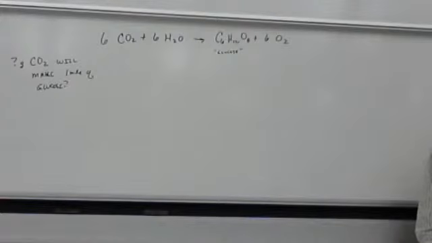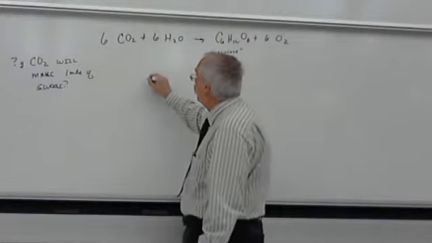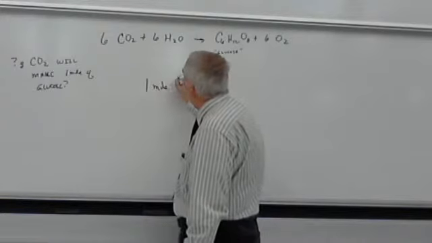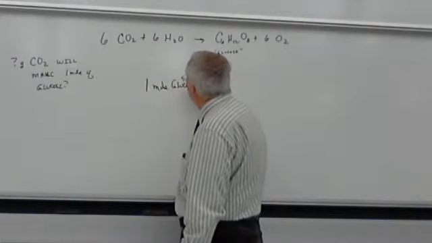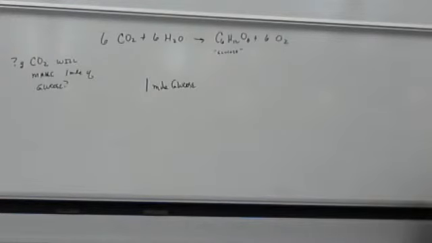I've got an easy problem here. I'm not given a gram amount to start with, I'm given a mole amount, and that's what I want. Well, let's do it technically so that if the numbers change, we still know how to do it.